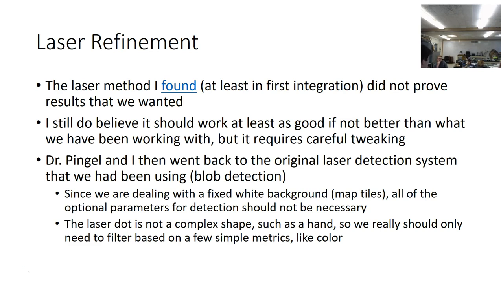Yeah, we didn't spend a ton of time on it. We'll give it another go. But like he said in his report, we went back to the original laser detection system, looking for blobs, and we removed the area parameter, so it's not even searching for anything based on that.